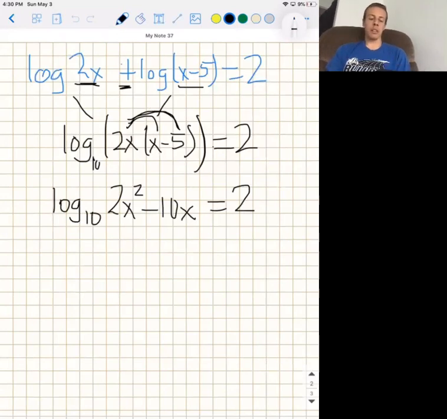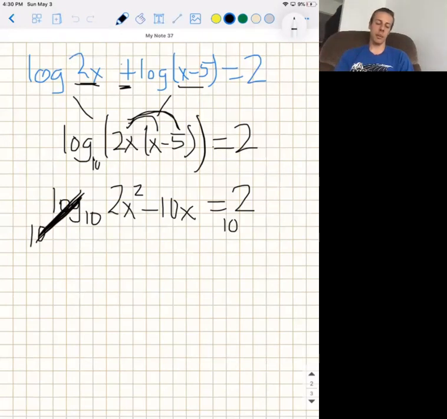Now let's get rid of the logarithm. Again, our goal is to get x by itself. To get rid of the logarithm, we can raise both sides to the 10th power. 10 to the log base 10 undoes that. So we're left with 2x squared minus 10x equals 10 squared, or 100.